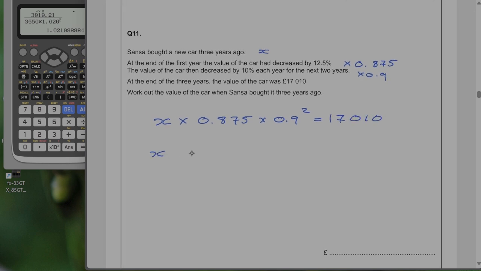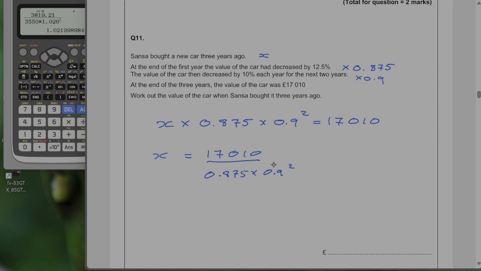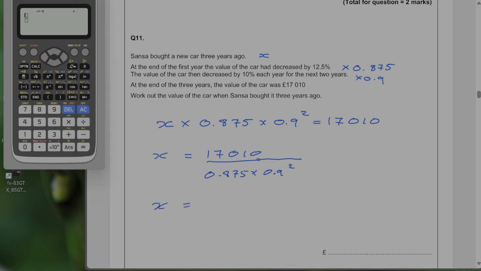So the original value of the car then, a bit like the one that we did earlier, is 17,010 divided by 0.875 times 0.9 squared. Double check I've typed everything in right. So we've got 24,000.